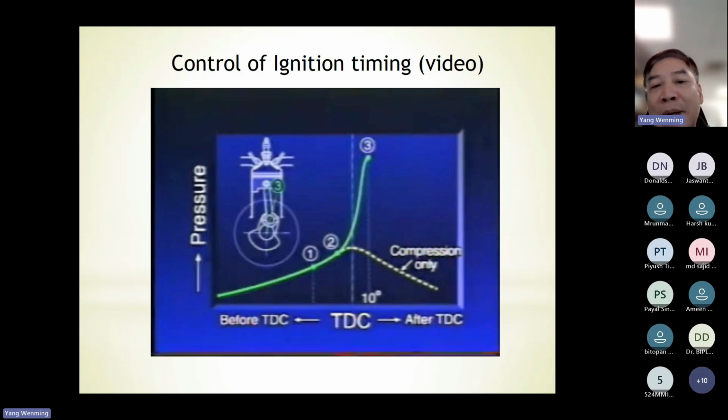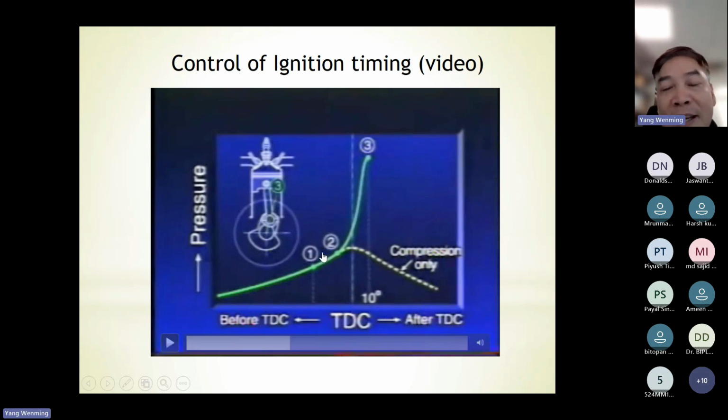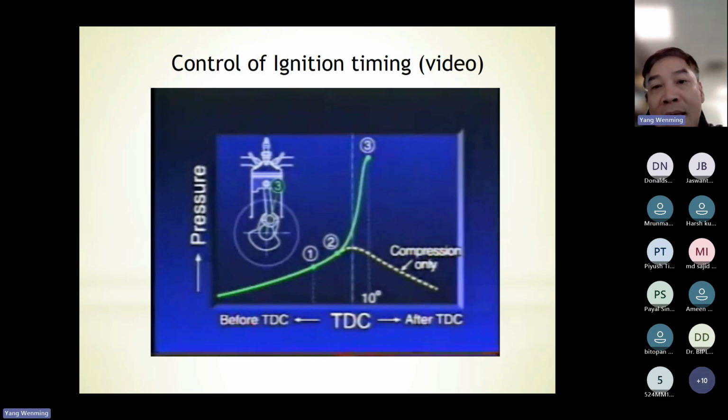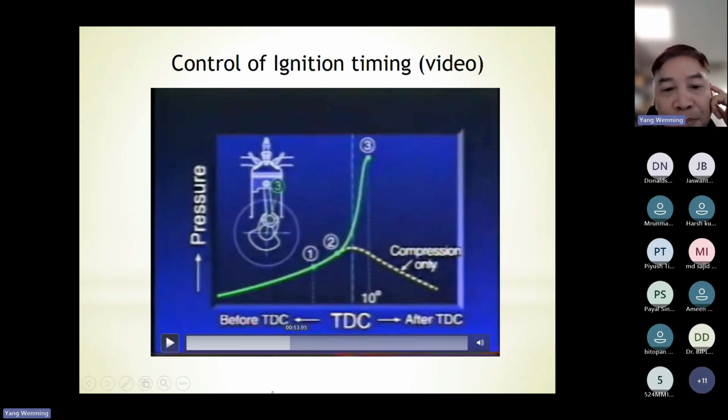Again, during the ignition delay time, a lot of fuel will evaporate and form a combustible mixture. So once combustion starts, it will be very fast. That's why the pressure increases very fast.